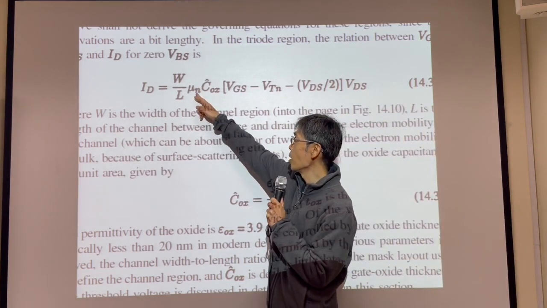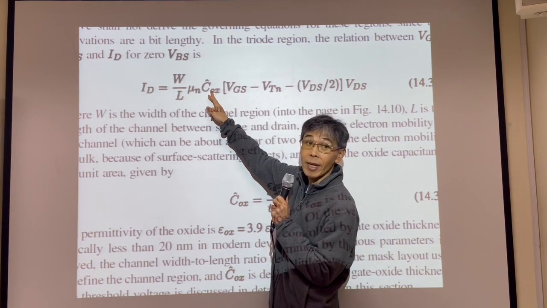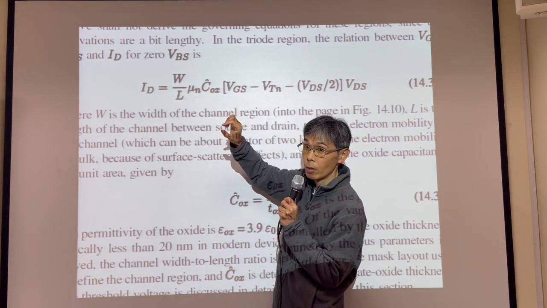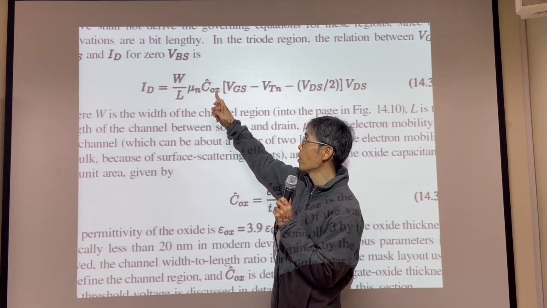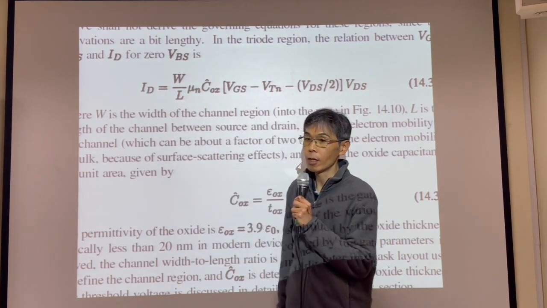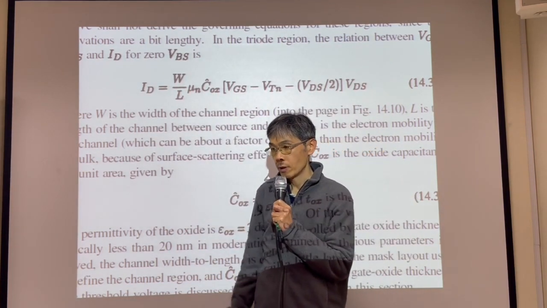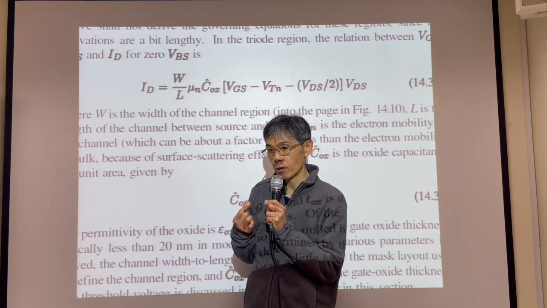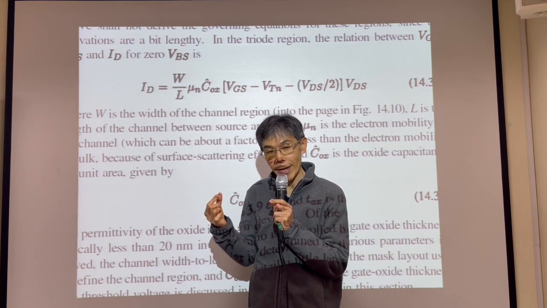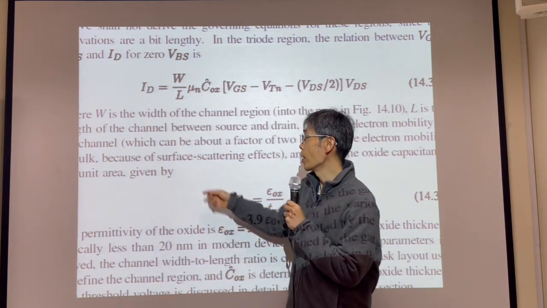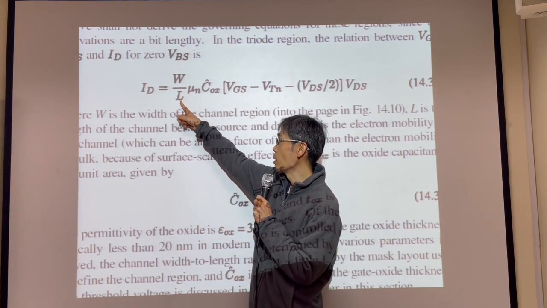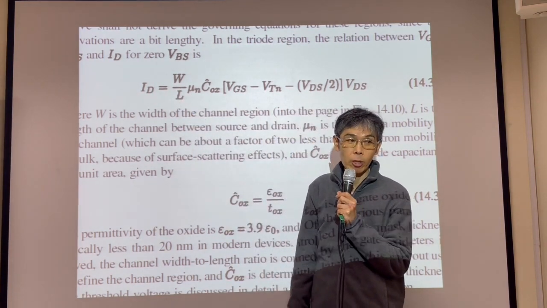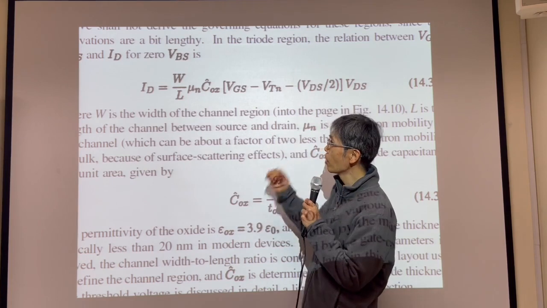And mu is the mobility. This is the gate oxide. Remember, for a MOS device, we have a gate oxide, a capacitor layer. And W is the width. You can think of the drain area, the N channel. So we have the length of the N channel and W, the width of the N channel. You can think of it this way.